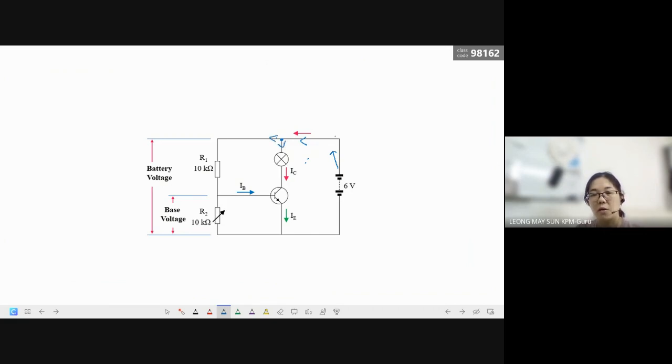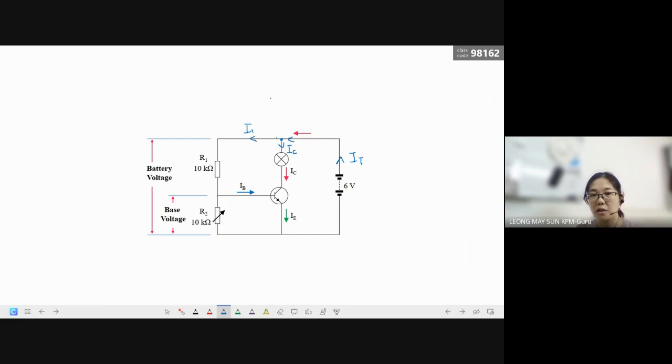I'm going to label the current, so it will be easy for me to explain. The current coming out from the battery, I label as I total, the total current flowing from the circuit. Then when it comes here, it breaks into IC and I1.